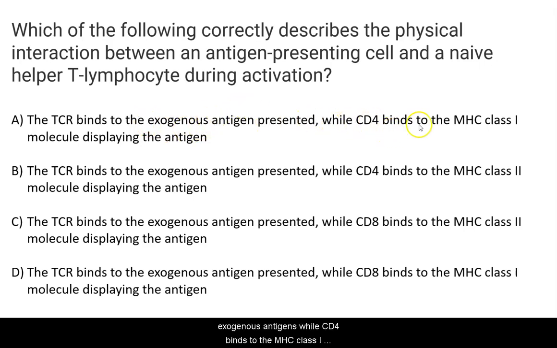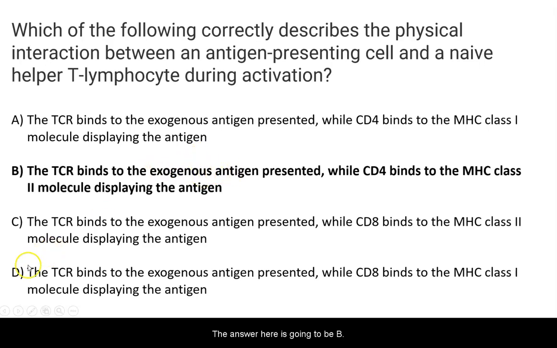But this is incorrect, because CD4 is going to bind to the MHC class 2 molecule. The answer here is going to be B. Now you should know why the other two are incorrect as well.